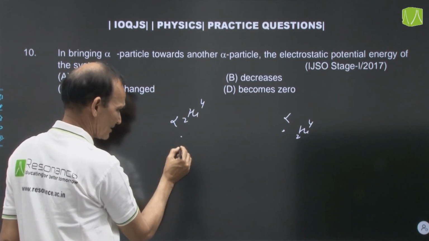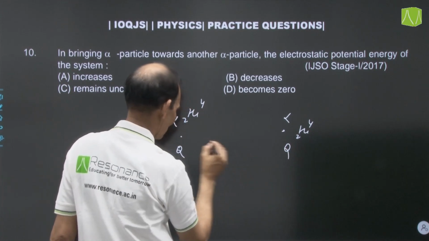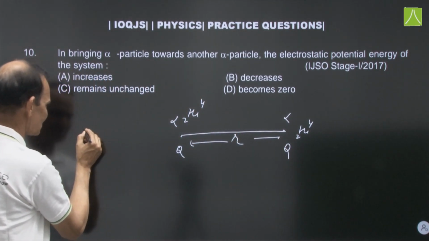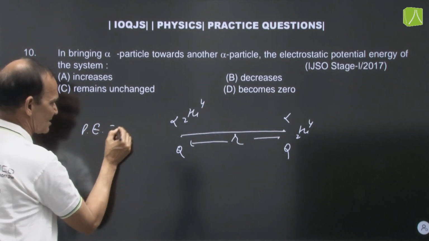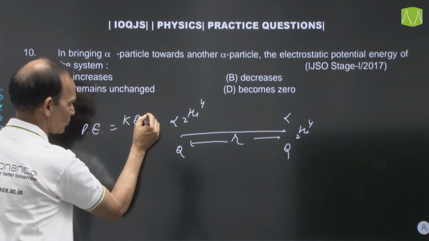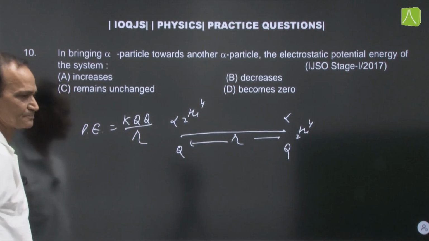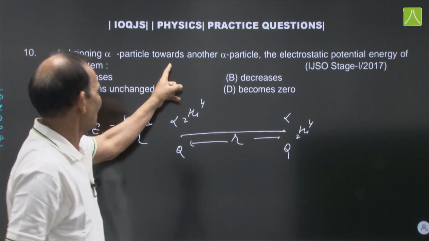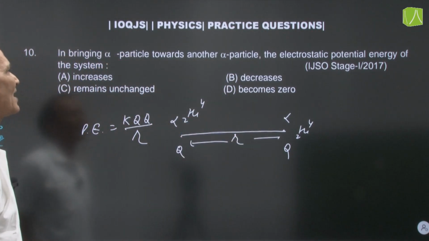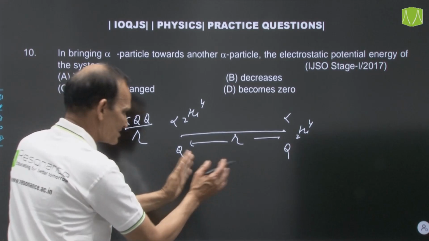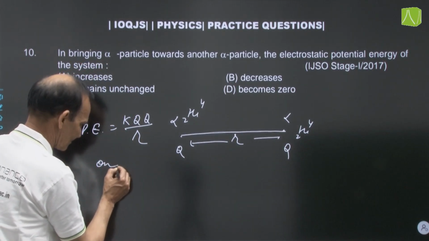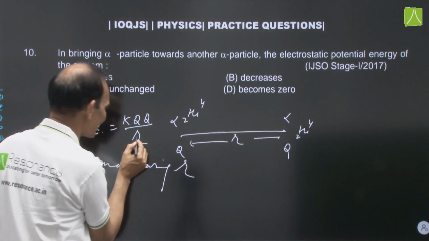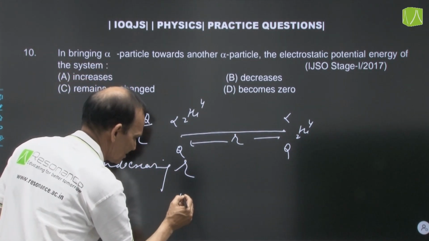The potential energy is given by charge. Suppose the charge will be the same, that is Q and Q. They are initially separated by some distance R. Then the potential energy is given by K Q Q divided by R. Now the question is, in bringing alpha particles towards each other, on decreasing R, what is the effect on potential energy?